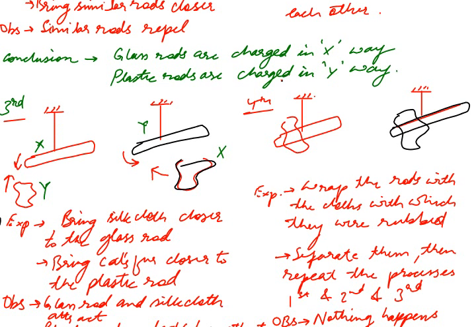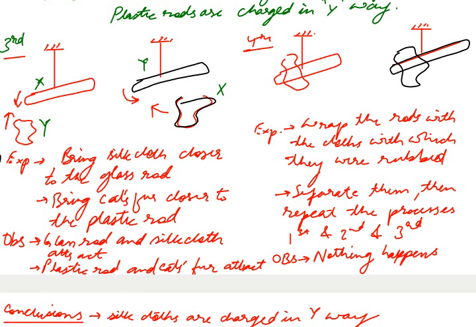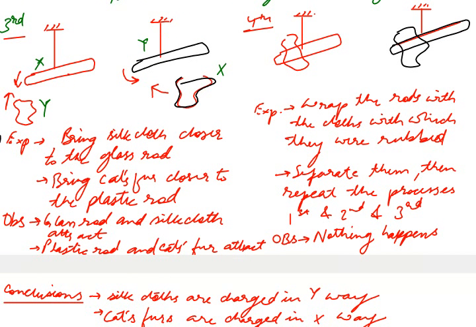In the third process, we brought glass rods closer to the silk cloths and plastic rods closer to the cat's fur, and they attracted each other. So silk cloth is charged in Y way, same as the plastic rod, and cat's fur is charged in X way, same as the glass rod.